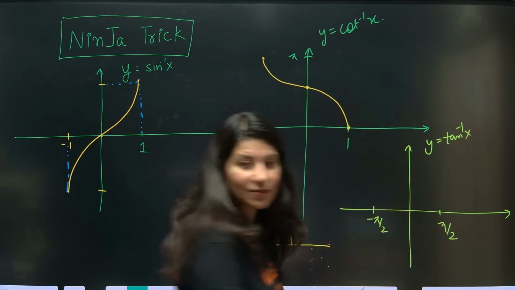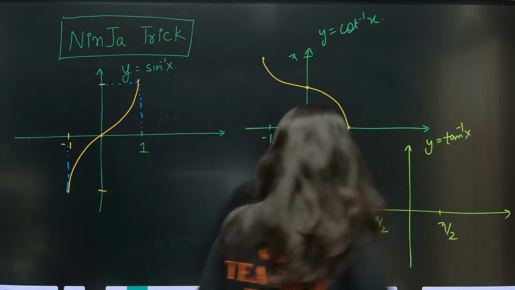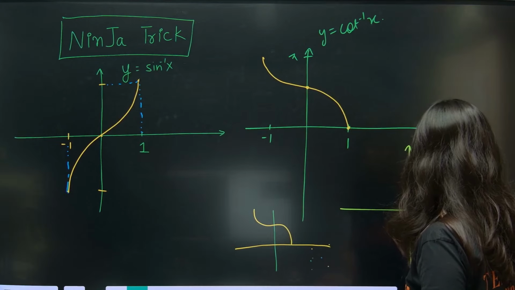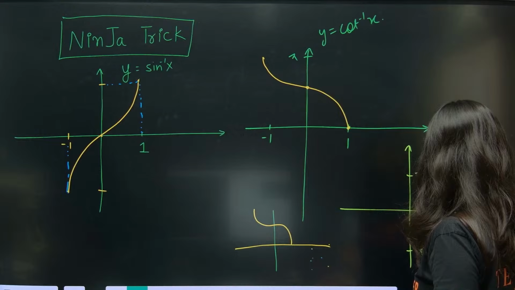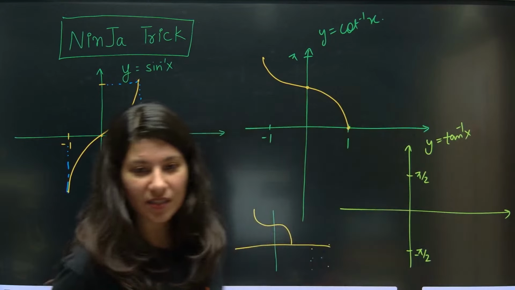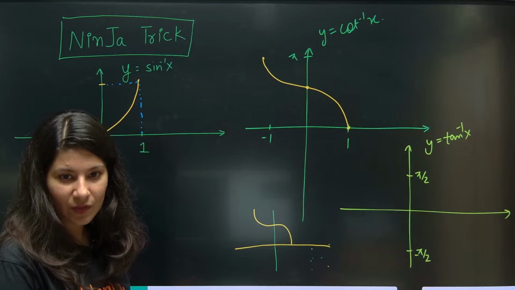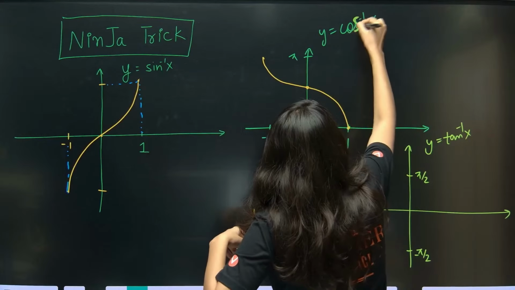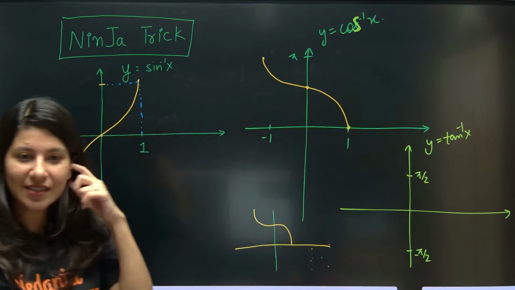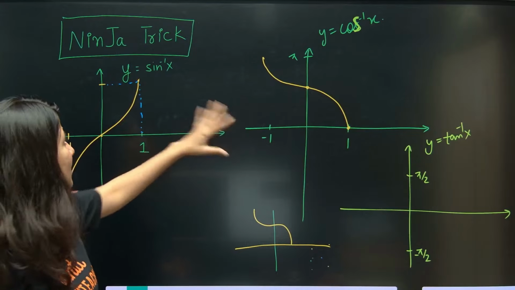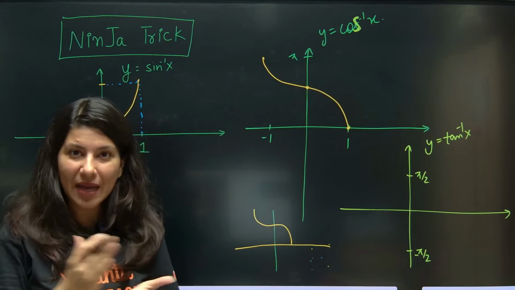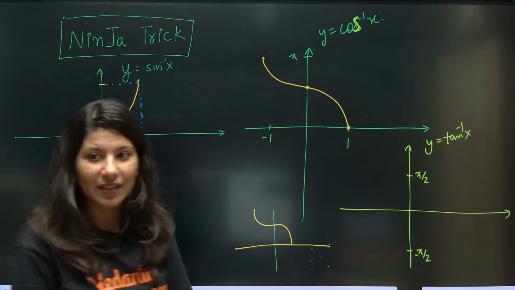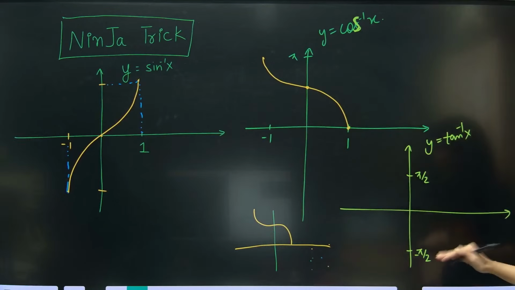Sorry, I mixed it up with cos. We are plotting only the primary ones: sin inverse, cos inverse, tan inverse. The rest three we will derive. So now this is minus pi by 2 to pi by 2.